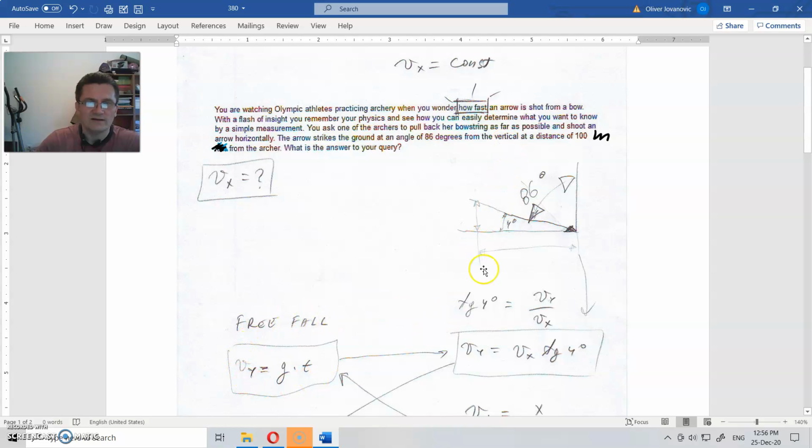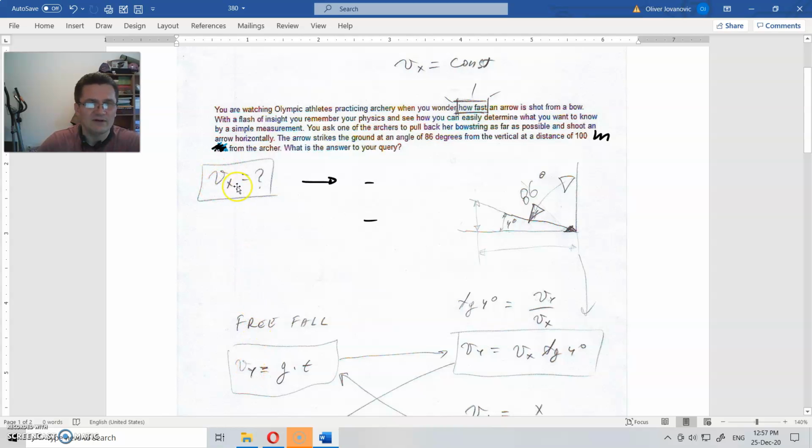Motion in the vertical direction is accelerated because there is gravitational force, and everything accelerates downwards with acceleration g. So vertical motion, let's see, this is the arrow. Vertical motion from here to here, as it moves through the air, is determined by just two things: gravitational acceleration and time, and that is accelerated motion.